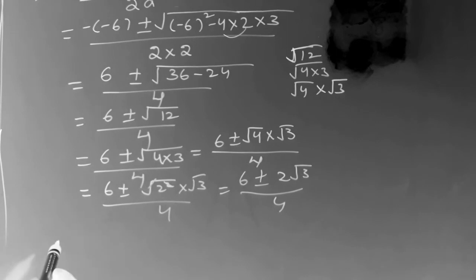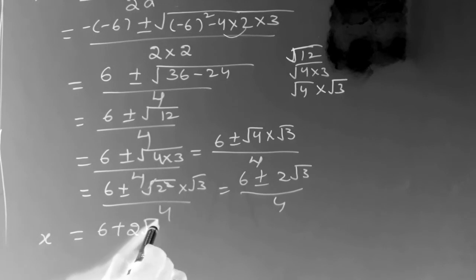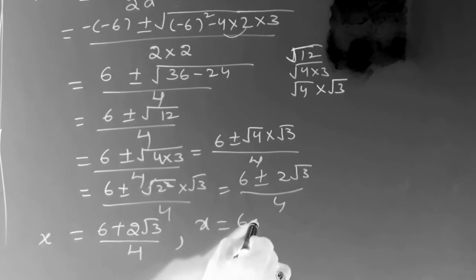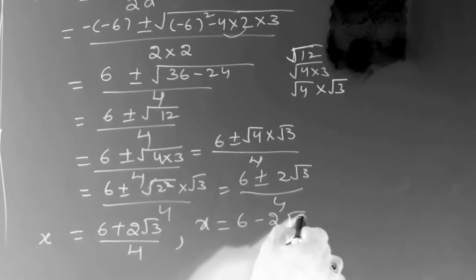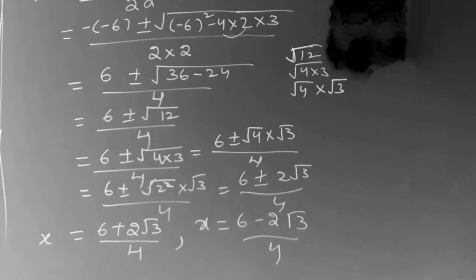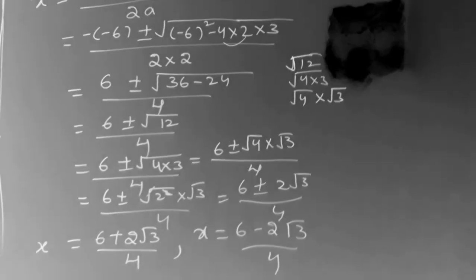So the two different roots are x is equal to 6 plus 2 times root 3 by 4. This is one root. x is equal to 6 minus 2 times root 3 by 4. This is the another root. So when delta is positive, you will get two different roots.